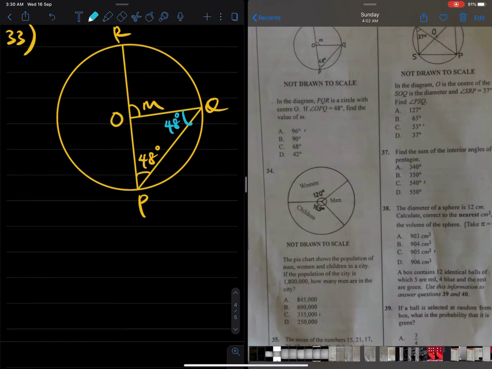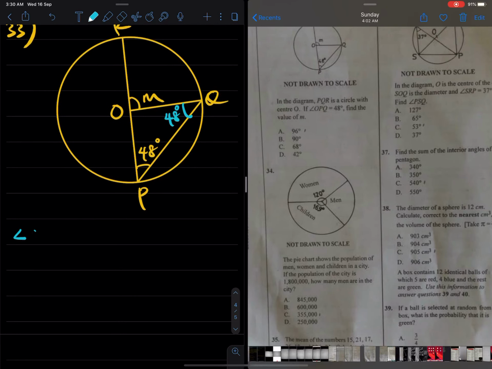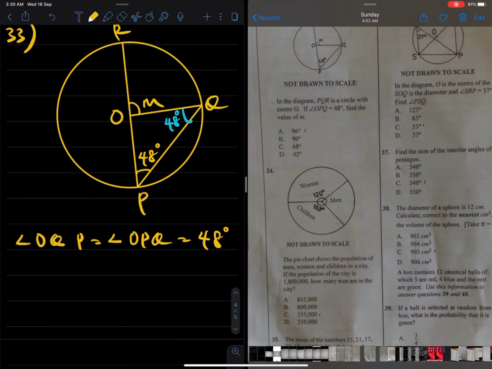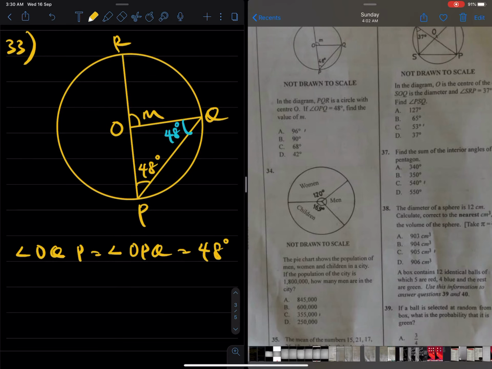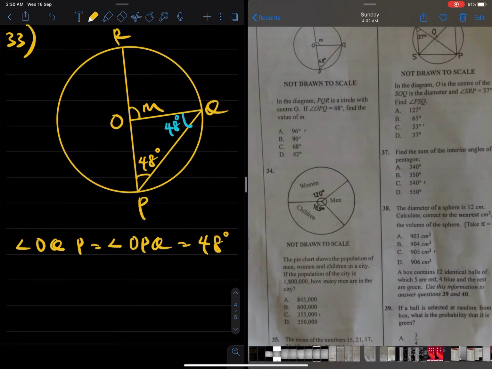So we can say angle OQP equals angle OPQ, which is 48 degrees. And the reason for that is base angles of isosceles triangle POQ. OQ and OP are radii. So that means triangle POQ is an isosceles triangle and its base angles are equal, which are OQP and OPQ.